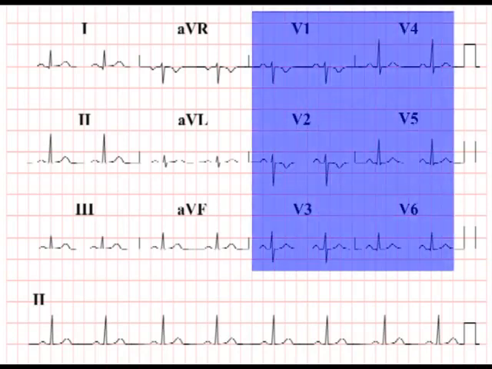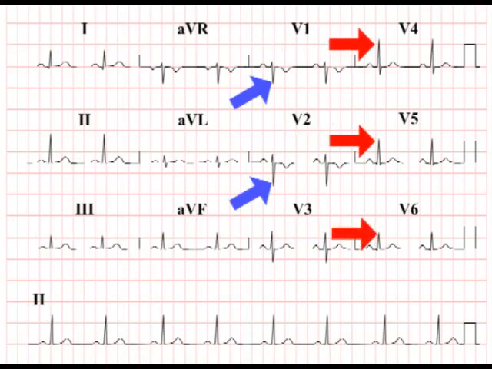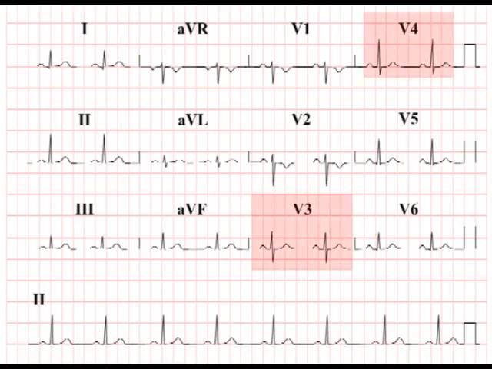In the precordial leads V1 to V6, we see the dominance of the left ventricle producing deep S waves in the right-sided chest leads and prominent R waves in those more to the left. We'd like you to note that the transition from dominant S waves to dominant R waves in the chest leads normally occurs in lead V3 or V4.